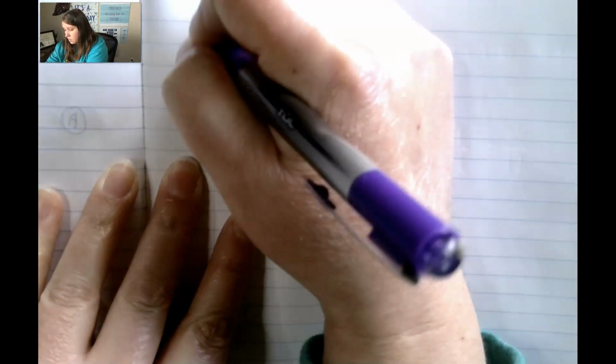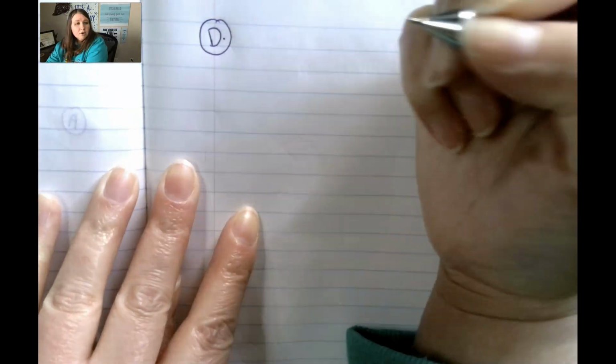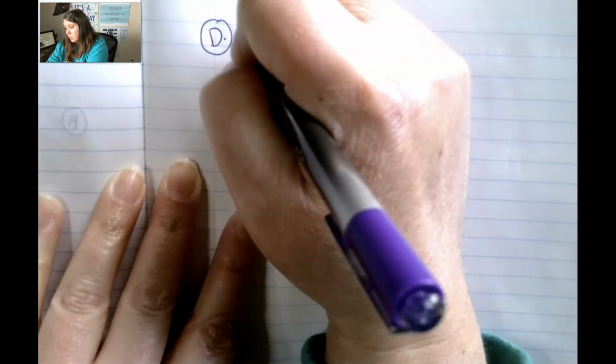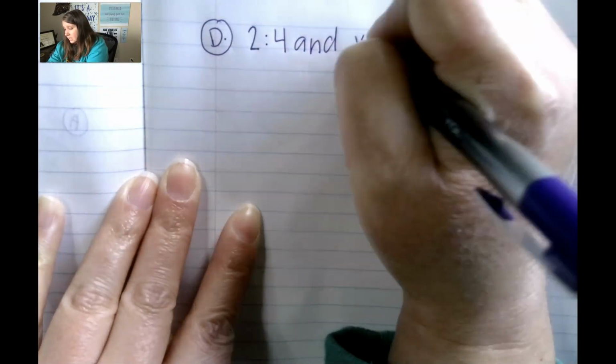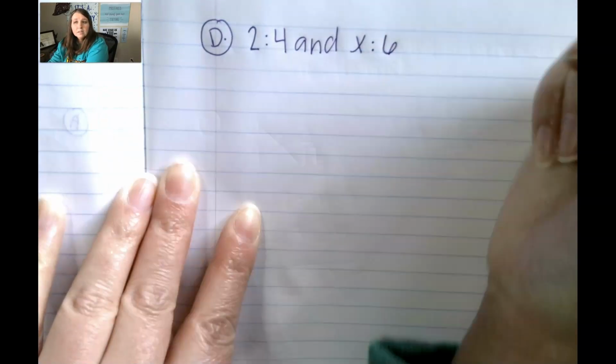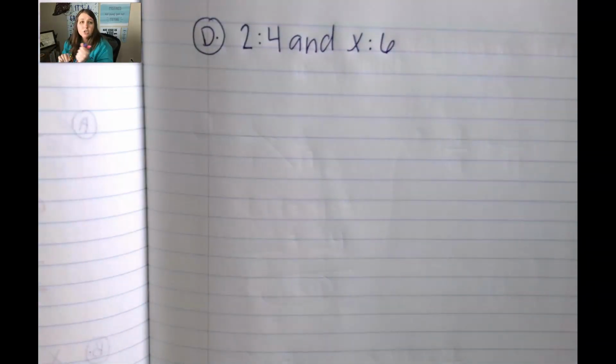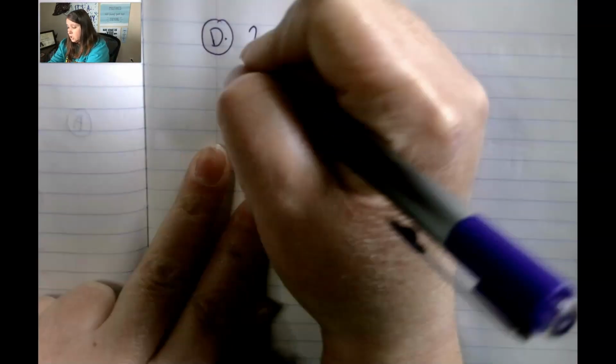So let's say that your ratio isn't written out. It says 2 to 4 and x to 6.